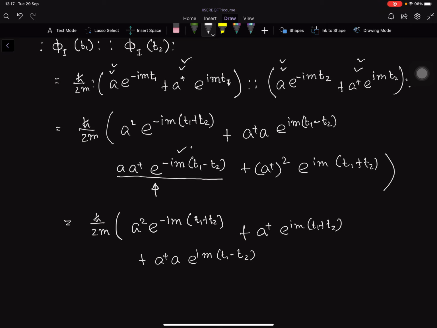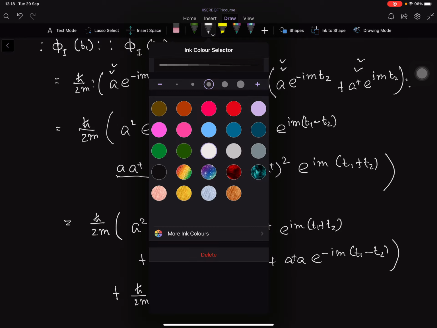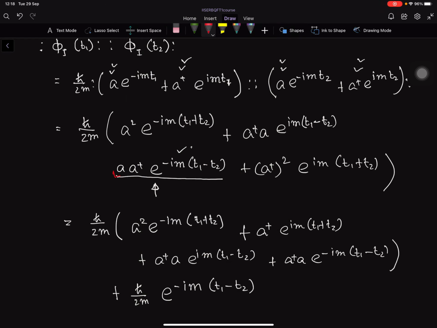From this term, if I change the order, this becomes a dagger a exponential minus im (t1 minus t2), plus h bar by 2m exponential minus im (t1 minus t2), and this just got by when I interchange these two things. When I interchange these two things, this gives rise to this term and this term.